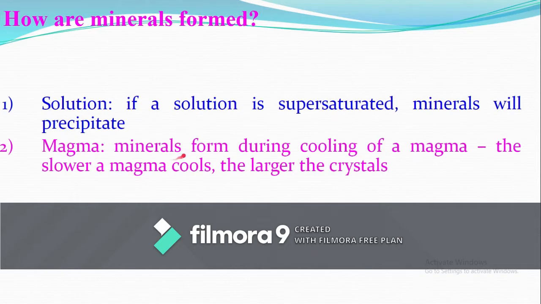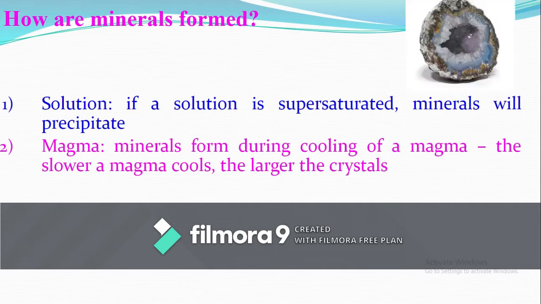Then there is magma. Below the surface of the earth, after the asthenosphere, we have the mantle. The mantle is composed of hot molten material, which means magma. During cooling, this magma forms certain crystals.